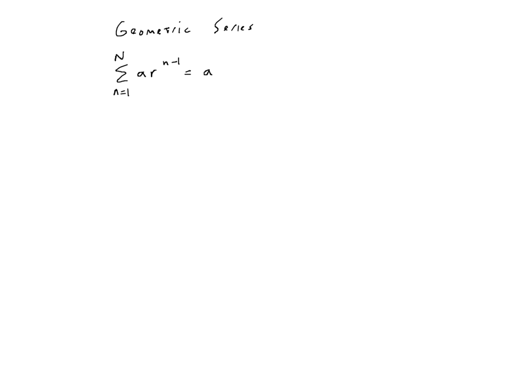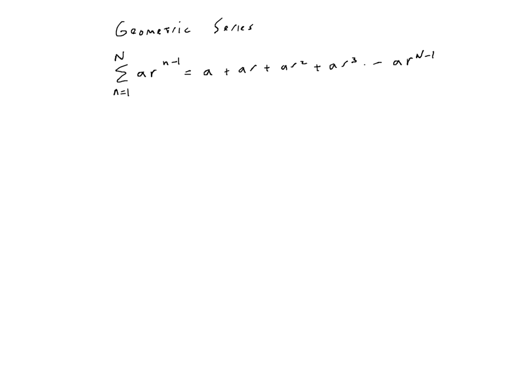This is equal to a plus a times r plus a times r squared plus a times r cubed, etc., and you go all the way up to a times r to the n minus 1.